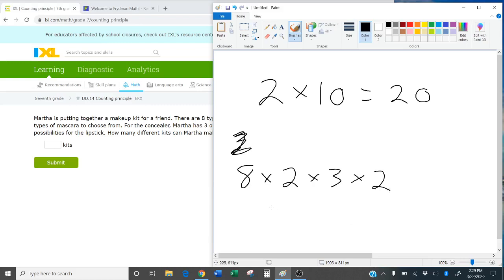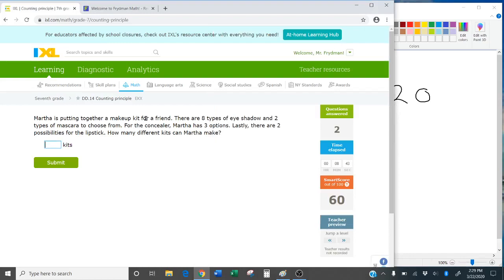Okay, so what would that be? You can use a calculator for this. That's okay. 8 times 2 would be 16. 16 times 3 would be 48, and 48 times 2 would be 96. I hope I got this right. So there should be 96 different combinations there.